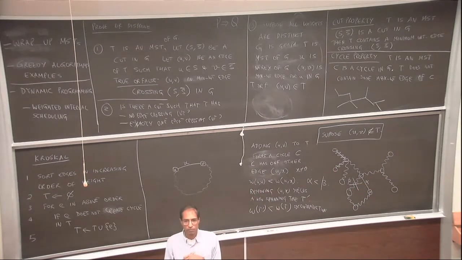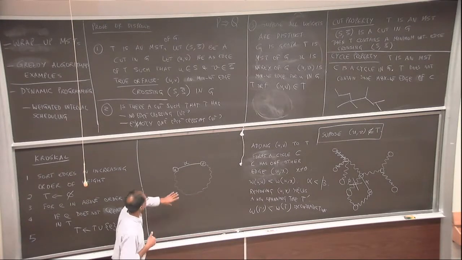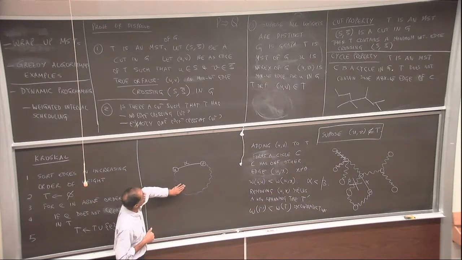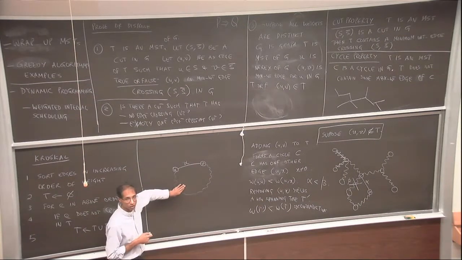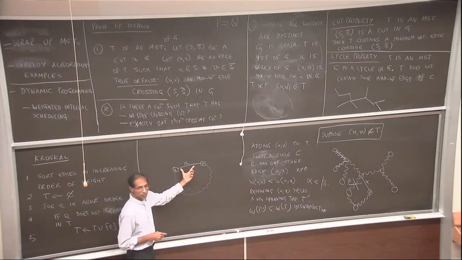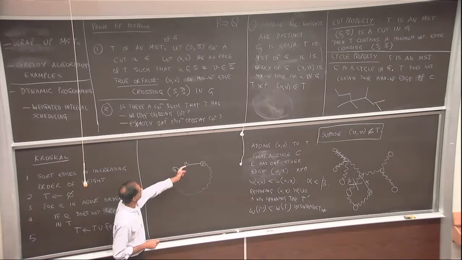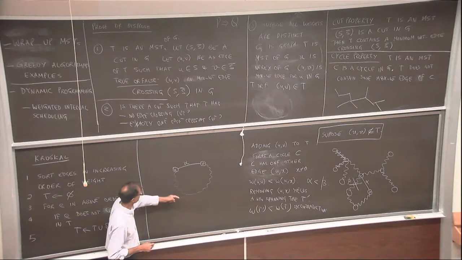Yes? Just want to clarify, the example on the left you gave disproves the claim you made up there, but the one on the right seems to support it. So are we saying that the claim is true or false? No. This was an attempt at trying to show that the statement is false, but it's an attempt that fails. Because what was the attempt? The attempt was something like this, so this is alpha. It forms a cycle. It's possible that alpha is the maximum weight edge in the cycle.